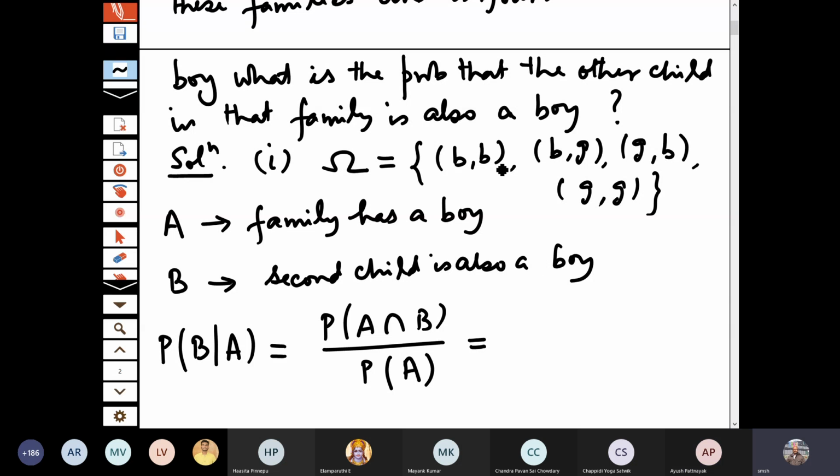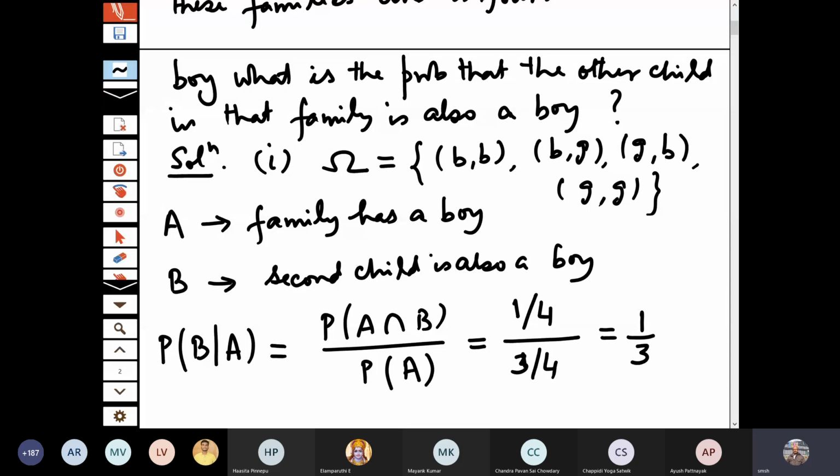So this is corresponding to this element BB. So that probability is 1 by 4, because we have assumed equally likely for all the possibilities. And what is the probability of A? The family has a boy. So there are three cases in which family has a boy. So the probability will become 3 by 4. So the answer is 1 by 3.